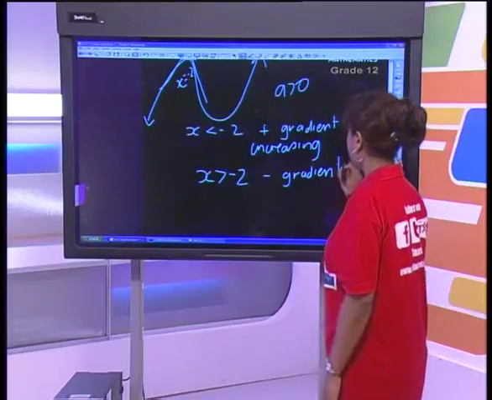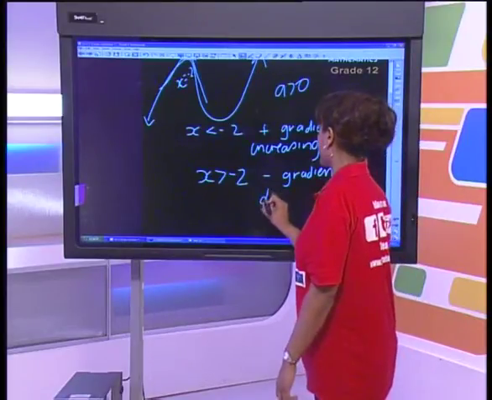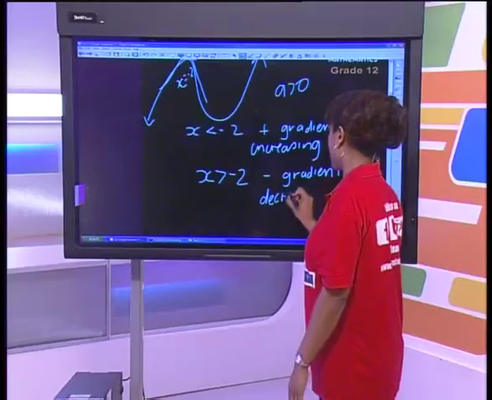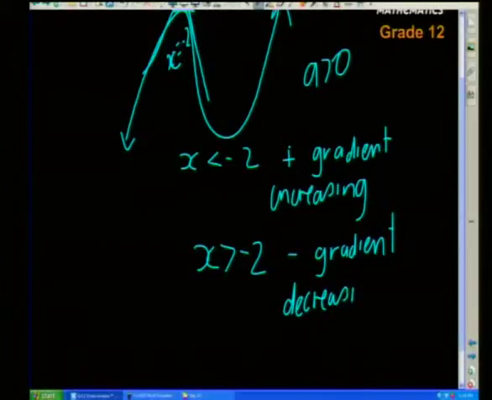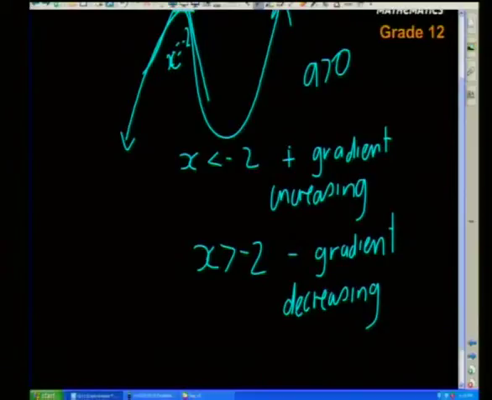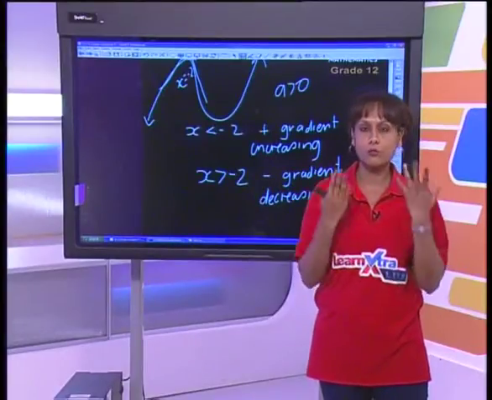And if it has a negative gradient, it means all the function values are decreasing to the right of minus 2. Okay, so if you have increasing values and then decreasing values after that point, it must be a local maximum.